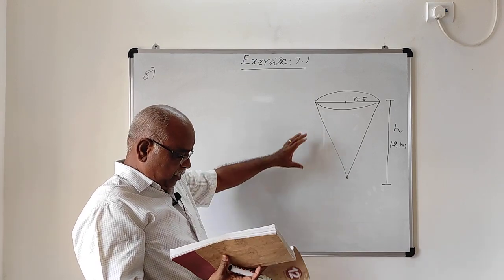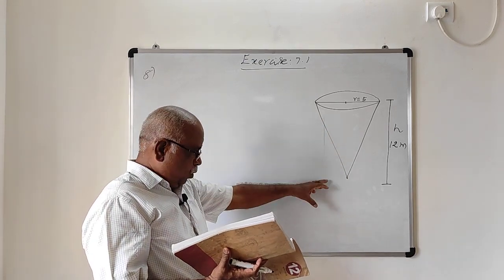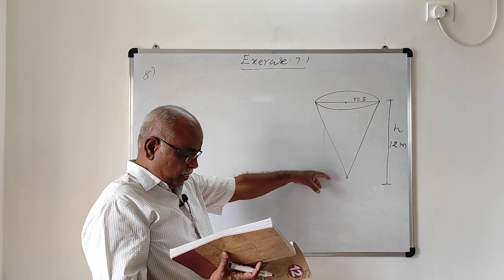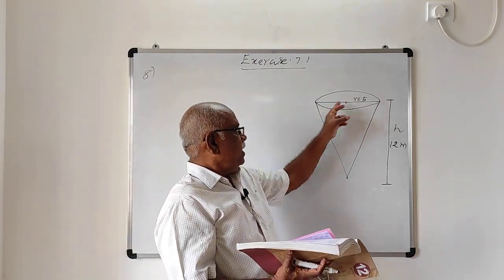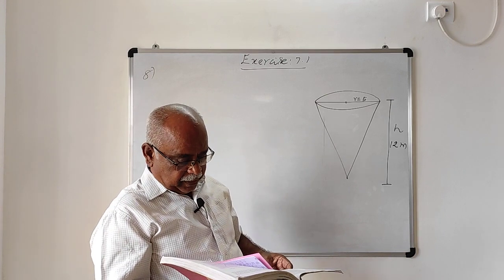A conical water tank with vertex down of 12 meters height, of radius 5 meters at the top.